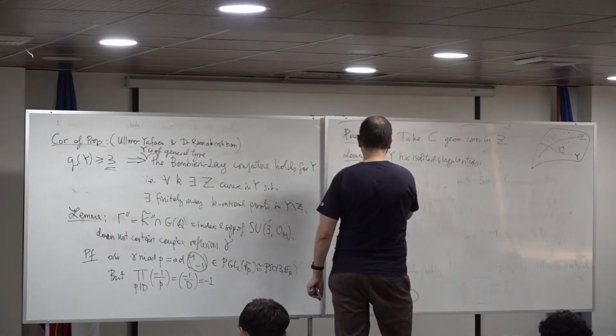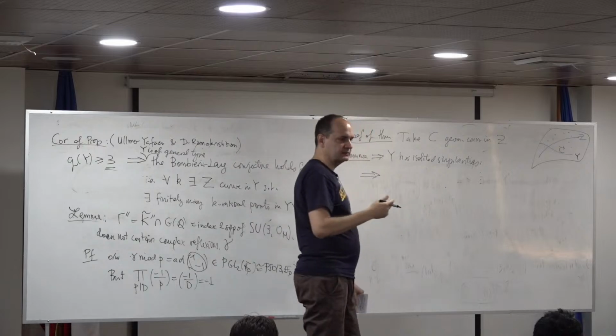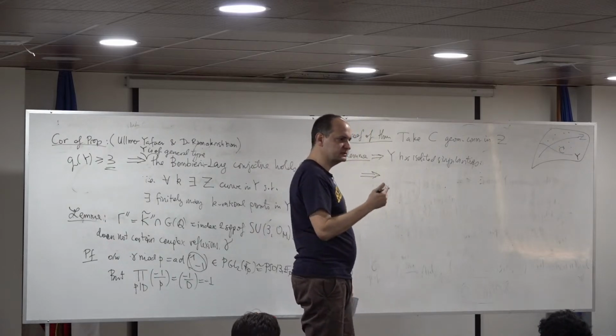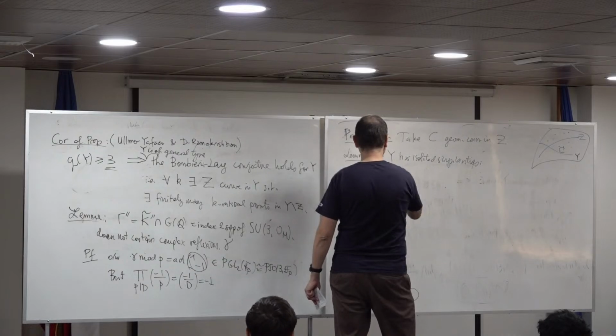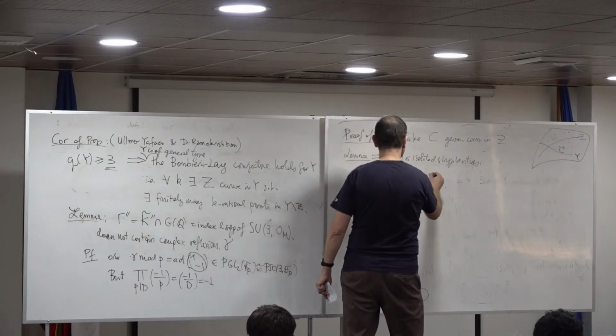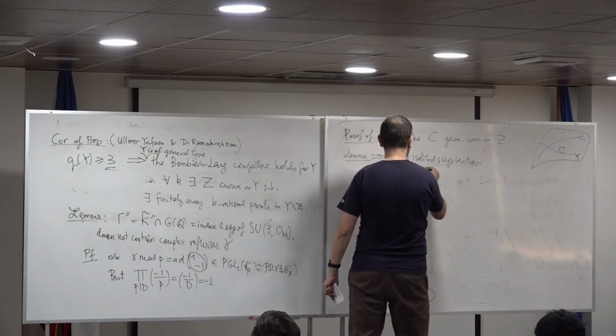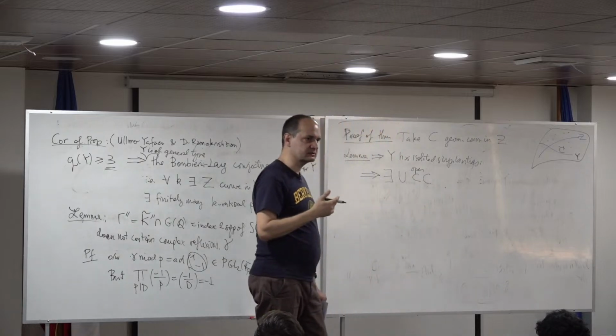So this implies that if you remove a bunch of points of C, these isolated singularities, there exists U in C open, which is endowed with an abelian family. So that's the key.